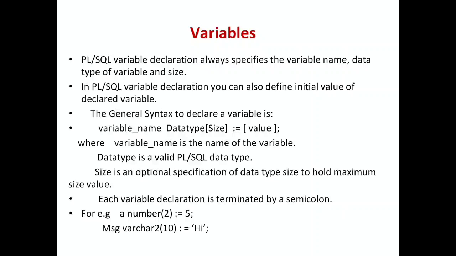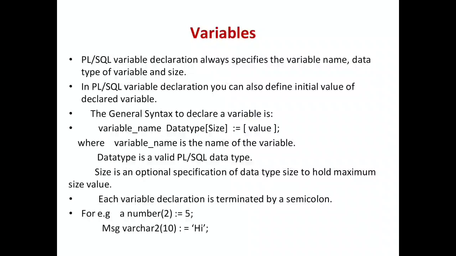Now the next part is variable. We have seen variable. Variable means what? It is a place where you are going to store some value, which can vary. Variable means vary. So how to declare a variable in PLSQL?